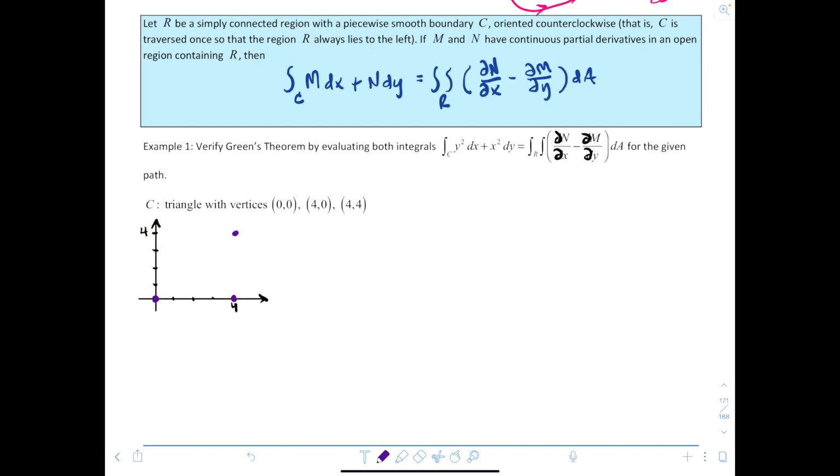So if it's starting here, it's 0, 0, because remember we want it to go counterclockwise to use Green's theorem so that the region's always to the left. So it's going to go like this.